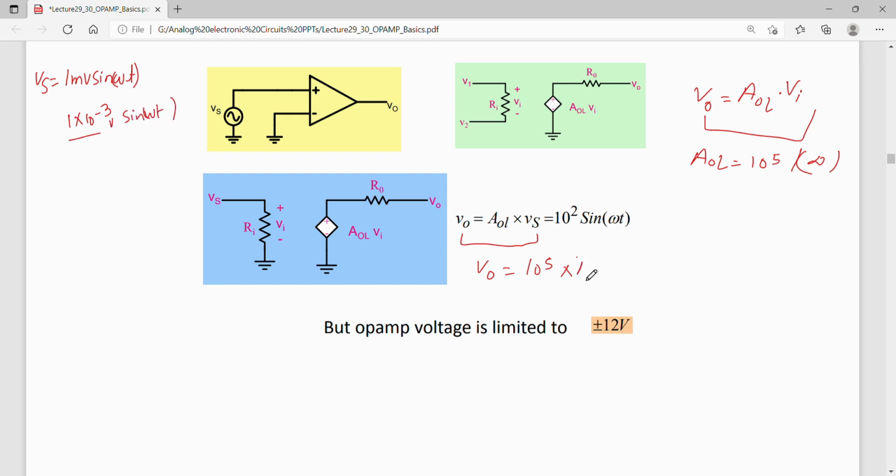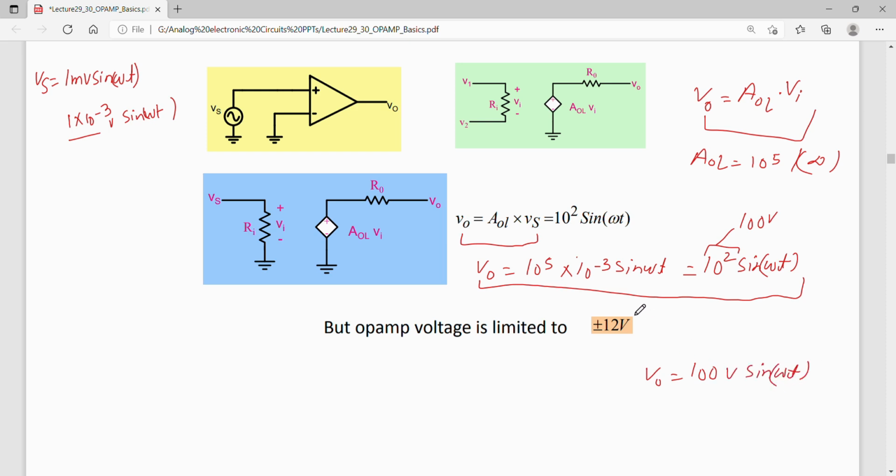So this is the output, which is equal to how much? 10 to the power 2 sine omega t. So this is my output. 10 to the power 2 here means 100. So that means the magnitude of my output is 100 volts.